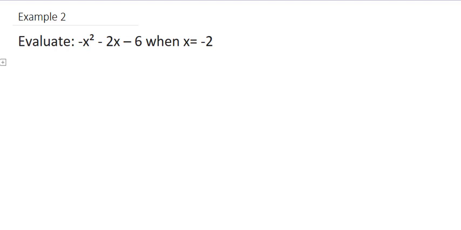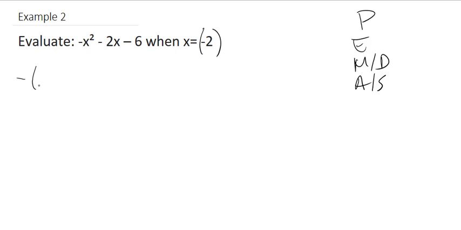So we will solve this problem as if we're putting negative 2 in parentheses anytime you see an x. So now remember our order of operations as well. Please excuse my dear Aunt Sally. So we have minus (negative 2) squared minus 2, and then we'll put in parentheses the negative 2, minus 6.